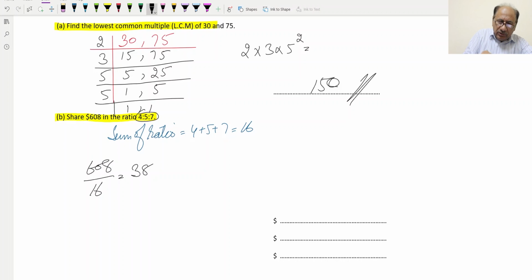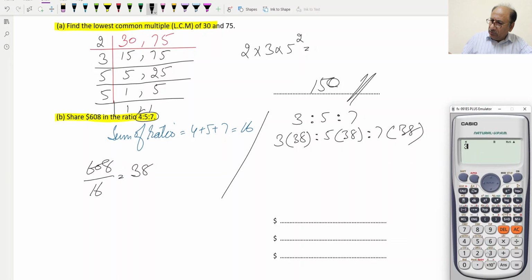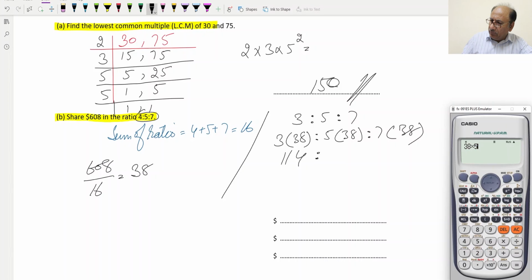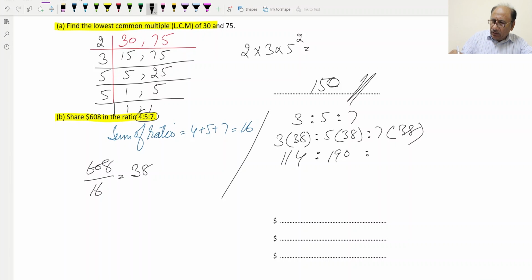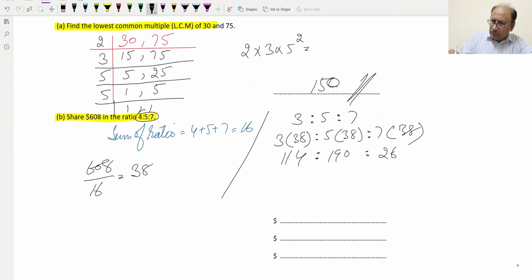Now we can multiply these ratios, and we will write 3 into 38 ratio 5 into 38 ratio 7 into 38. 38 multiplied by 3 will be equal to 114, and 38 multiplied by 5 will be 190, and the last one, 38 multiplied by 7, will be equal to 266.